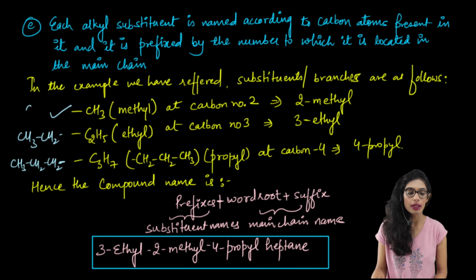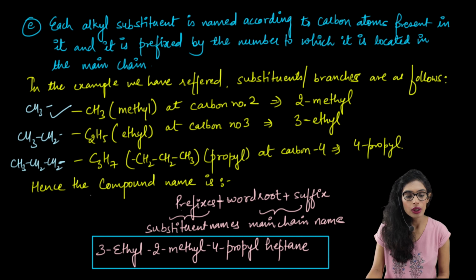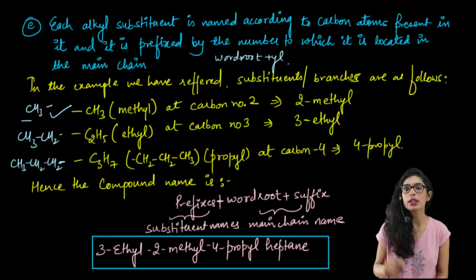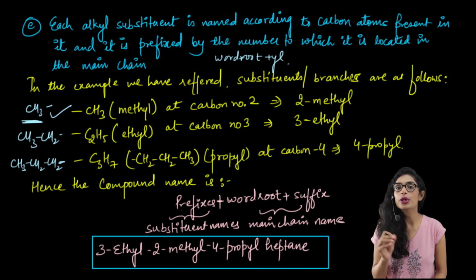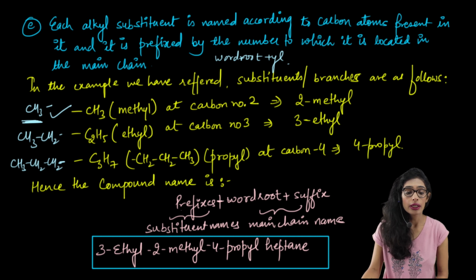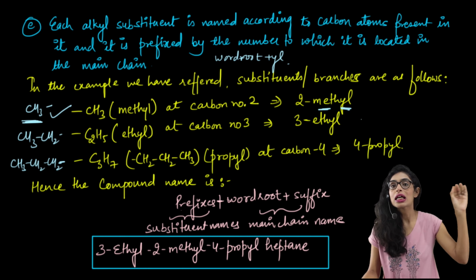So let's start naming them. I told you the rule: word root plus -yl. Here in this branch, I have only one carbon. The one-carbon word root is meth, so the name will be meth and the suffix will be -yl. So the name of this branch is methyl, which was positioned on the second carbon.